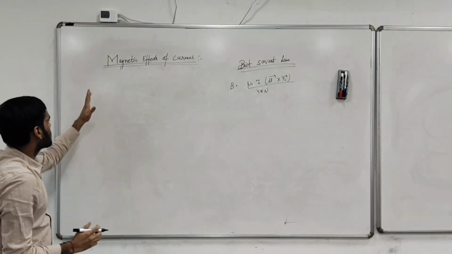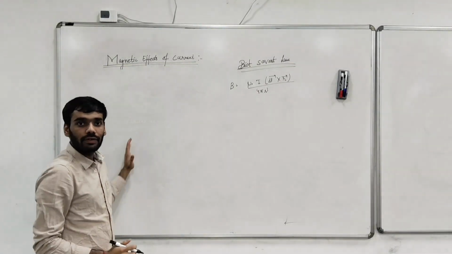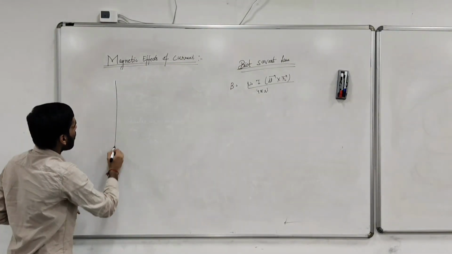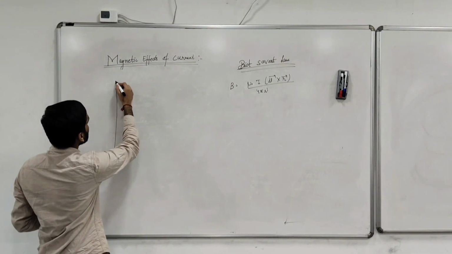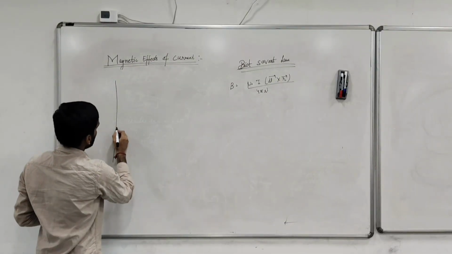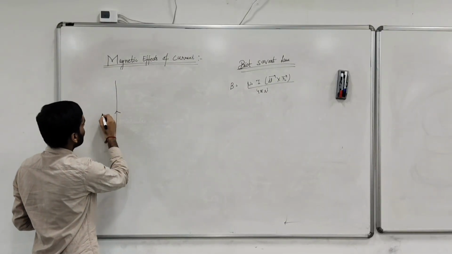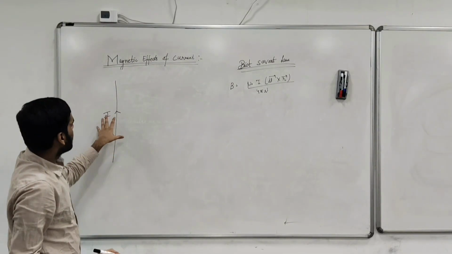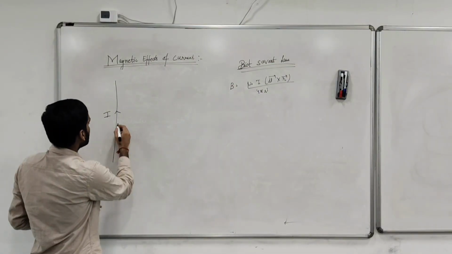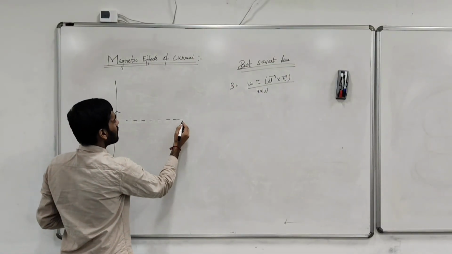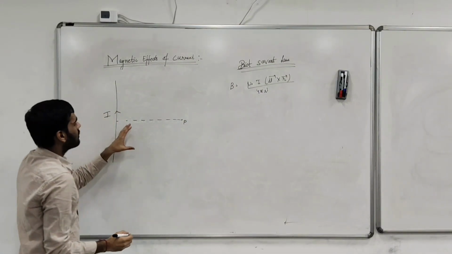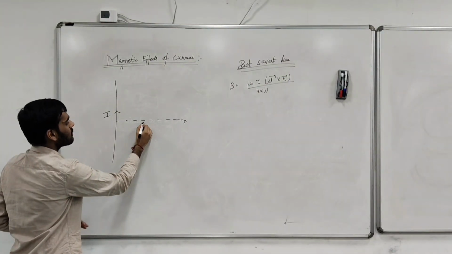Okay, let's take a finite wire, and current I is flowing through it, and we want to calculate the magnetic field at point P, which is at distance r.